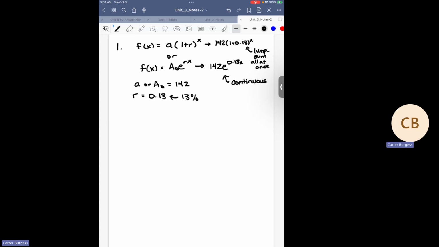We would expect population growth to technically be made up of a bunch of discrete events, and so you would not necessarily expect a continuous function, particularly for a population that is as small as the one that we are looking at here. So reality probably falls somewhere between these 2 functions, but both of these would be perfectly acceptable to use.